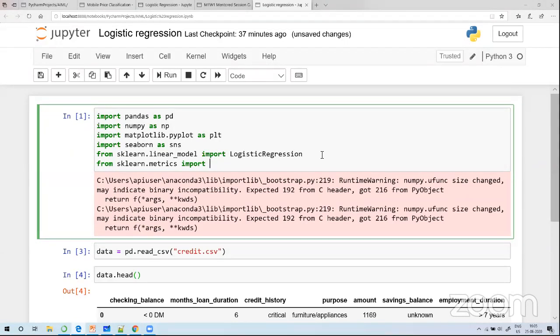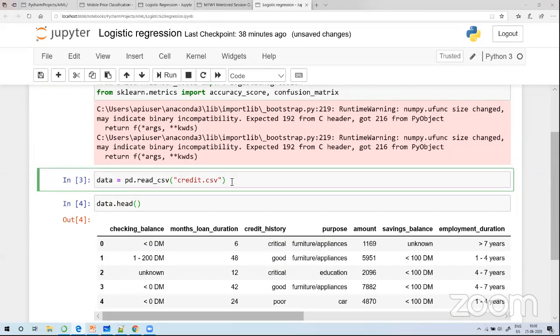We wrote a custom function for MAPE, etc. Today, for logistic regression, we are going to use something called accuracy score and another one called confusion matrix. These two would tell us how good a logistic regression model has learned from the historical data and how the predictions look. So that's to start with.